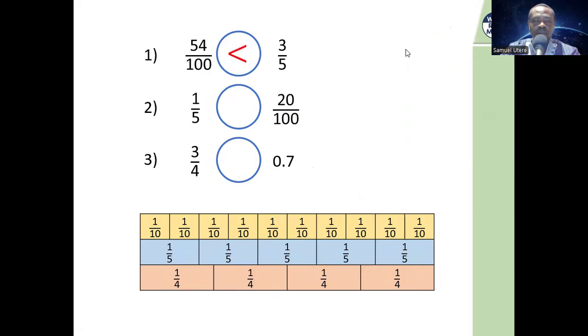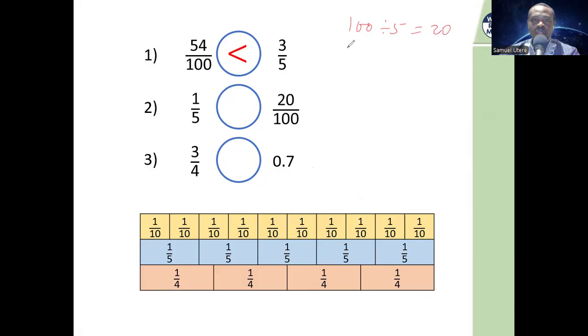We can see that 54 hundredths must be less than 3/5. Why? 3/5 means we split the 100 squares into 5 equal parts and we shade 3 parts. Now, if we split 100 squares into 5 equal parts, 100 divided by 5 is 20.